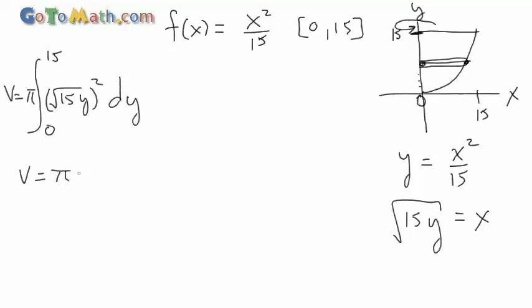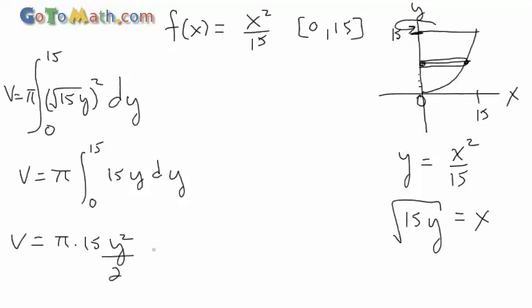So we'll go ahead and rewrite this, 0 to 15. When the square root goes away, that's what we're left with. There's a ton of other things I could be writing out right now, but let's just try to simplify the matter as much as we can.